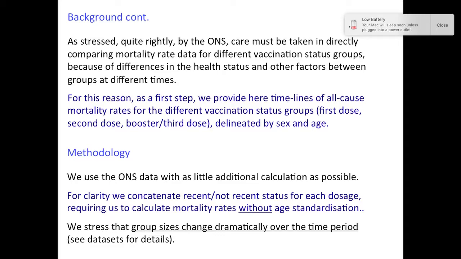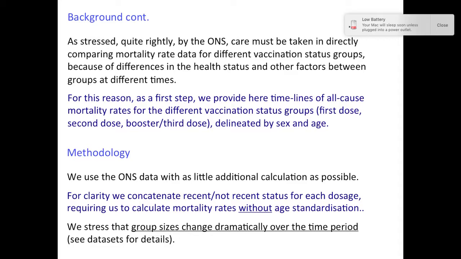The one step we will be taking is to group together within a particular vaccination status whether people have had that dosage recently or further in the past. Those are separated in the ONS dataset, but we're going to group them together for simplicity.